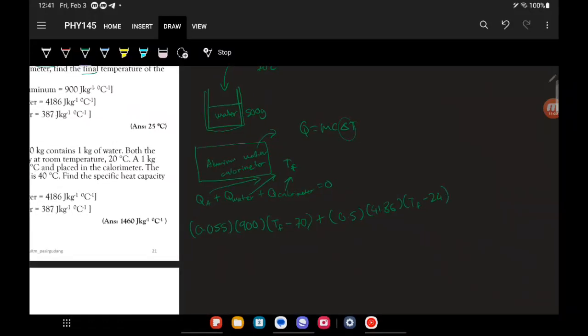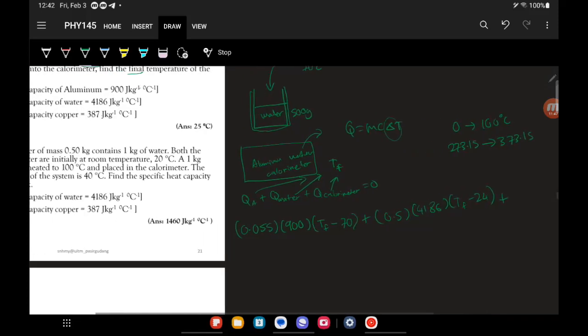Because it's a change of temperature, remember that the difference between the Kelvin and Celsius scales is the same. 0 to 100 is 100, and 273.15 to 373.15 is also 100 in difference. So if I were to change Celsius into Kelvin, the difference in temperature is also going to be the same. So in this case it doesn't matter if you use Celsius.